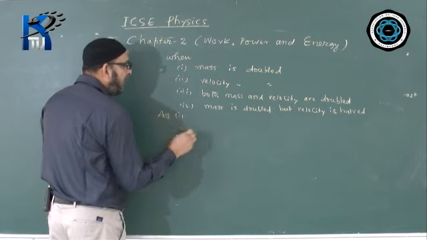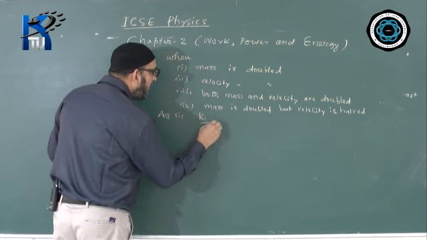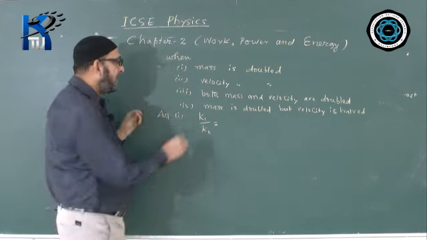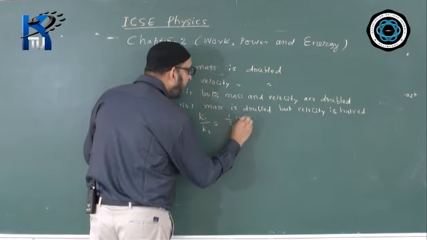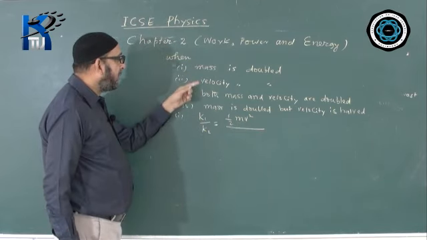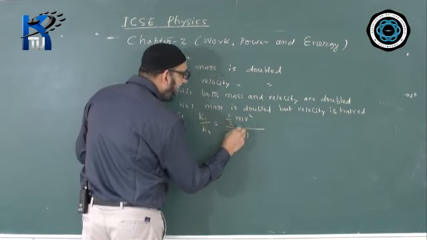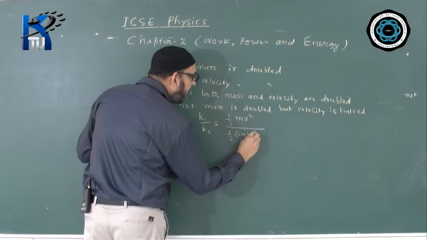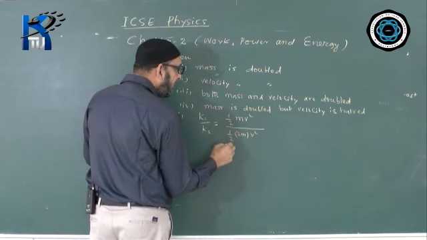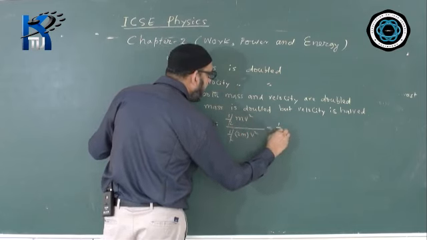The answer for the first part we will do in the form of a ratio, and then we will write a comment. We can write K1 by K2. K1 means kinetic energy in the first case and K2 the kinetic energy in the second case. Kinetic energy in the first case will be half mv square. In the second case we make changes according to the cases given. Half, mass is doubled, so I will write the mass value as 2m within brackets, and velocity we do nothing, so write v square as it is. Half cancels, m cancels, v square cancels, and the answer is coming 1 by 2.